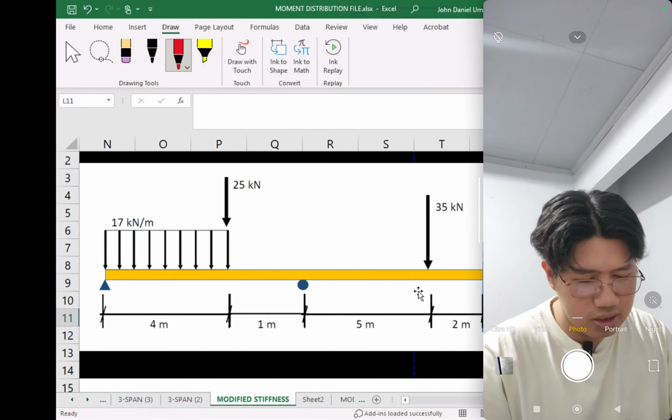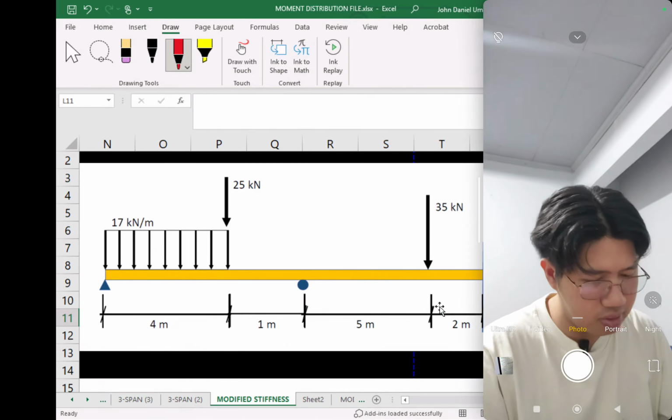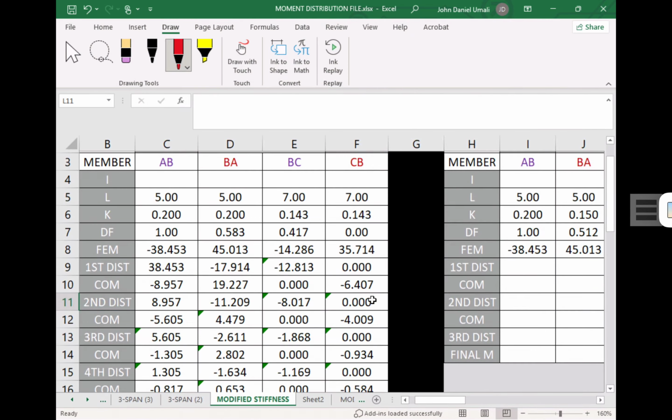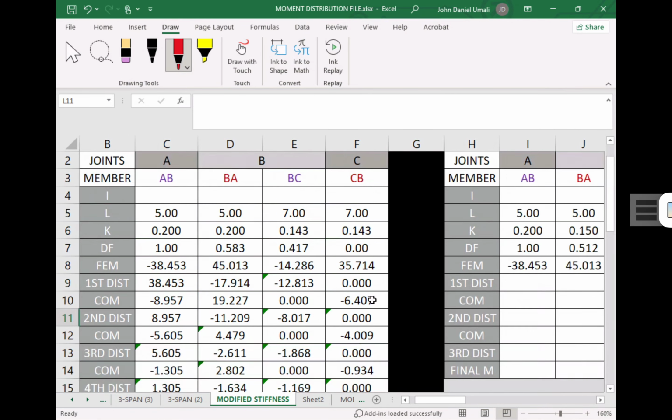Okay, so balikan natin yung nauna nating example. Okay, so we have here yung nauna natin na example na na-solve na natin. Okay, so ito yung solution natin sa moment distribution. Okay, so na-solve na natin yung K, yung DF, FEM, and then up to the final moments, tapos na tayo.